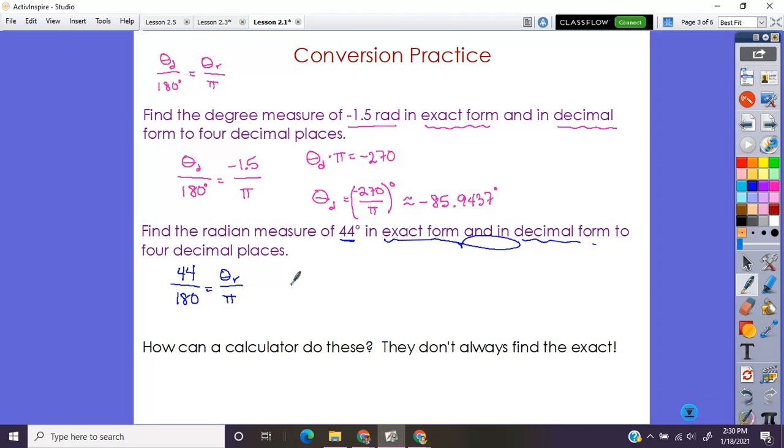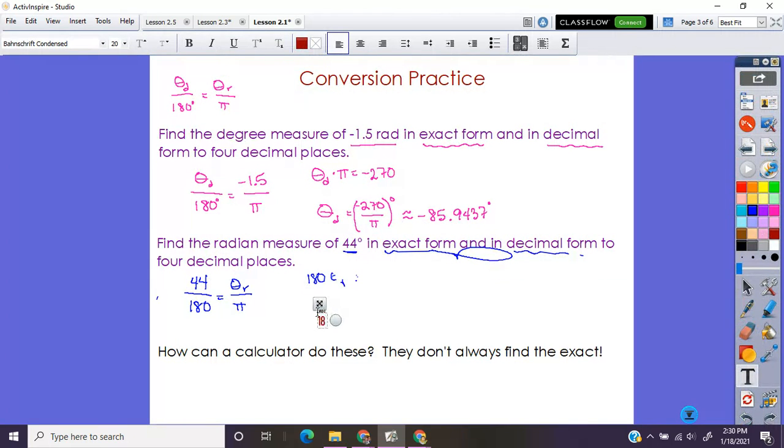All right, so with the exact form, I can once again cross multiply and divide. So we're going to type it instead.